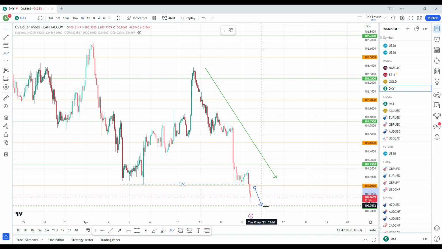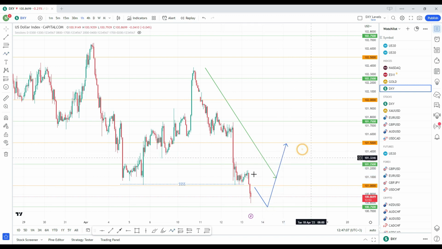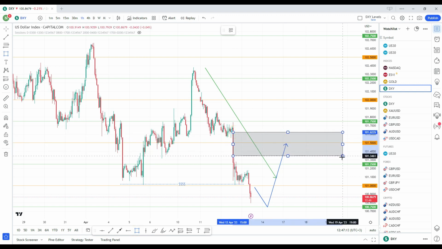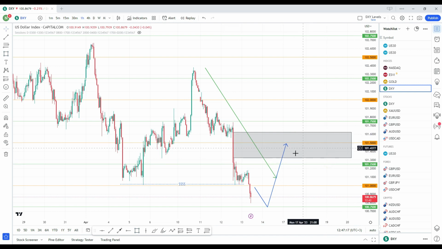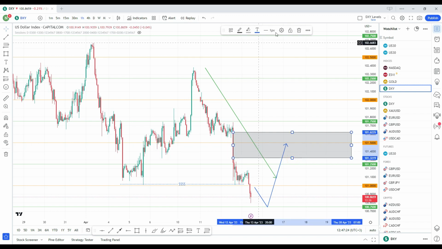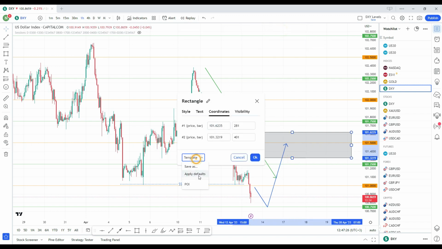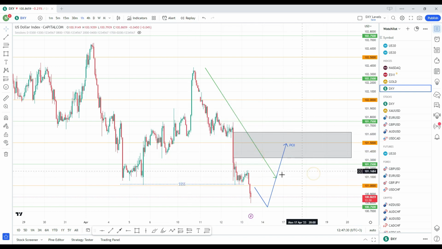Maybe it can go to this zone, then reverse to this area. Why? Because there is what we call a fair value gap here, and I have done another video about fair value gaps that you can watch. This is a zone I call another point of interest. It would be retracing; there's a high chance it would, I cannot say for sure, but it's a point of interest I'm looking at the moment.